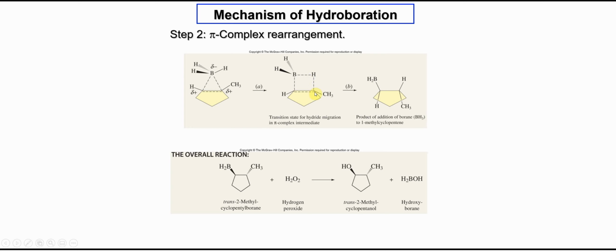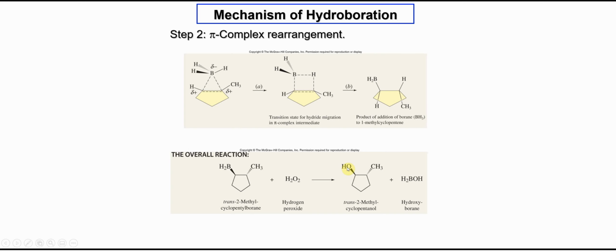Simultaneously, the double bonded carbon starts weakening, this pi bond will break up, and you form a carbon boron bond. Because you lost one proton, you have BH2. You form an organoborane. This boron is going to be further oxidized, so this BH2 substituent will simply be replaced by your hydroxyl.